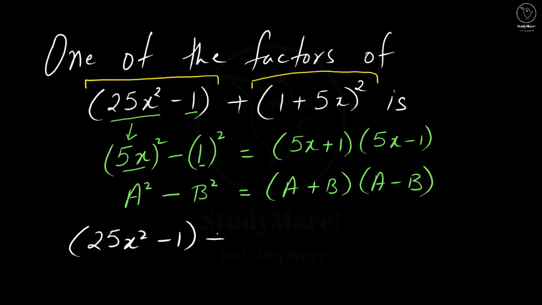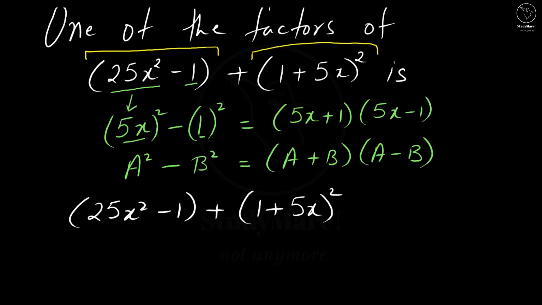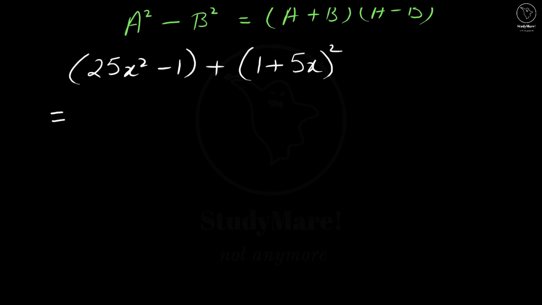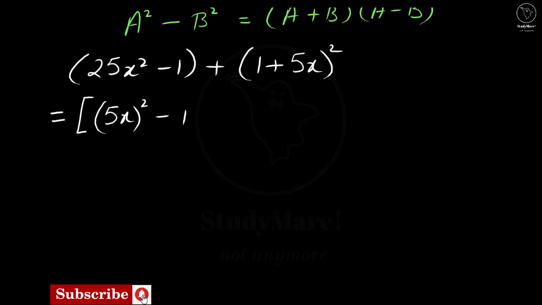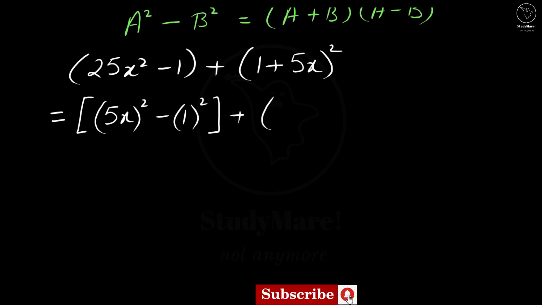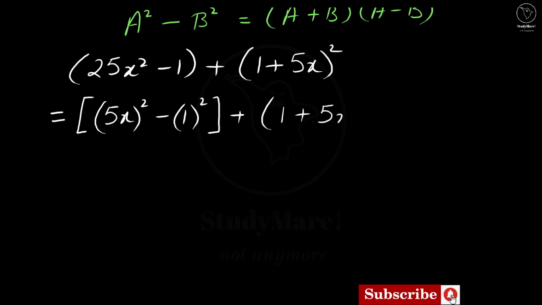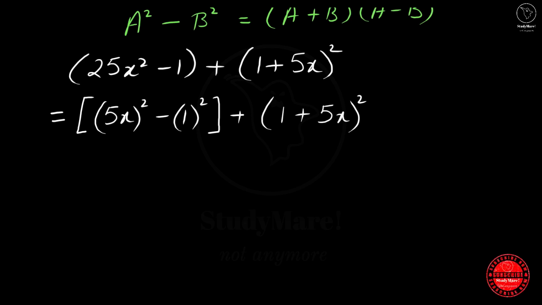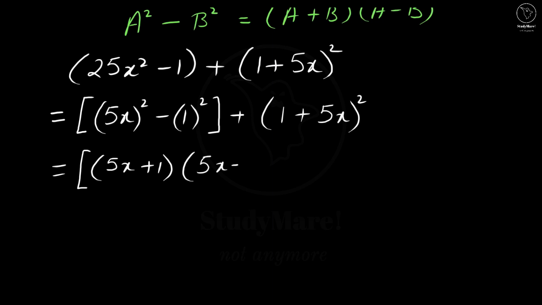It is (25x² − 1) + (1 + 5x)². Using the identity a² − b², we can write 25x² − 1 as (5x)² − 1², close the bracket, plus another term that is (1 + 5x)². Expanding the first, we get (5x + 1) over here and (5x − 1) over here.